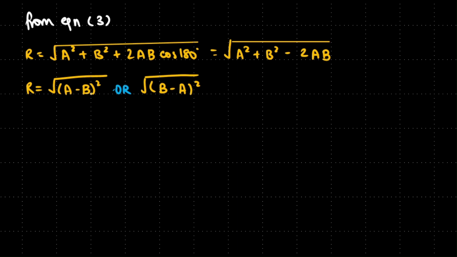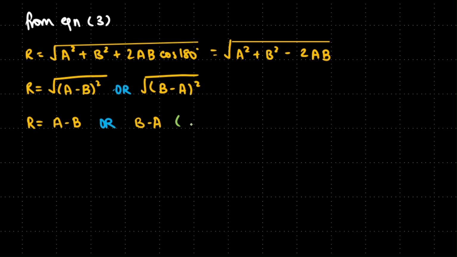Or you can just think of it as taking a minus sign common and squaring it, which will give us a plus sign. In any way you want to think about it, the square root is going to cancel out with the square, so the resultant can be a minus b or b minus a.